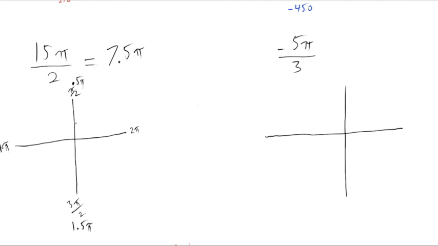So that means I need to go 7 full pi's and then go half of a pi. So this right here is how many times you need to hit the x-axis. And then this piece tells you how much more you need to go.